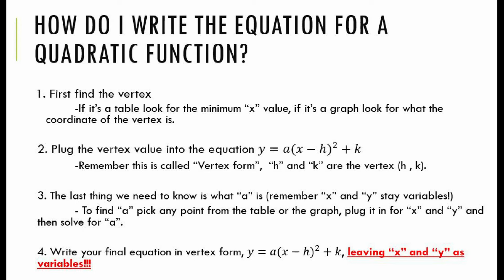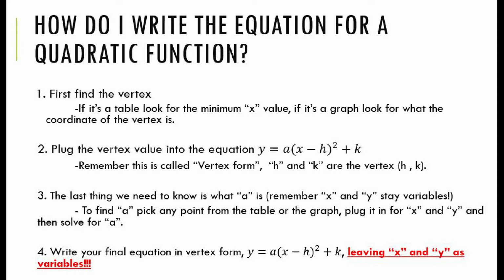Step 3 is going to be finding what our a value is. So in order to find our a value, we are going to pick any point from the table or the graph, plug it in for x and y, and then solve for a. And I'll show you exactly how we're going to do that in the next 2 slides when we do our examples.